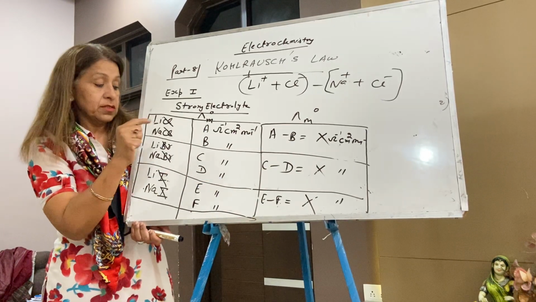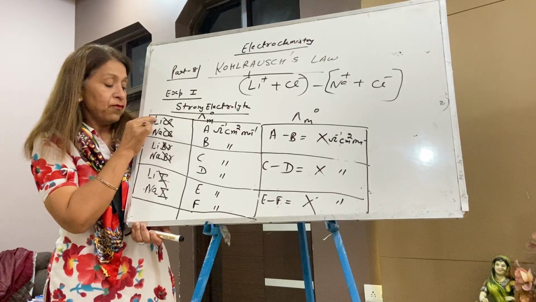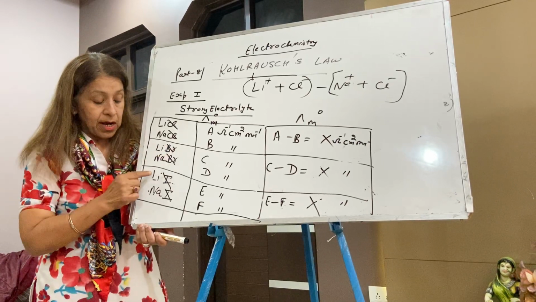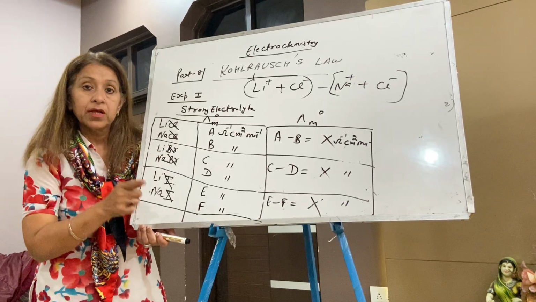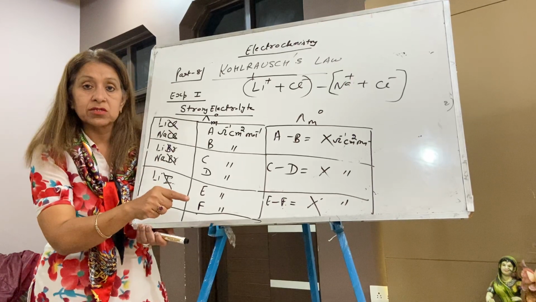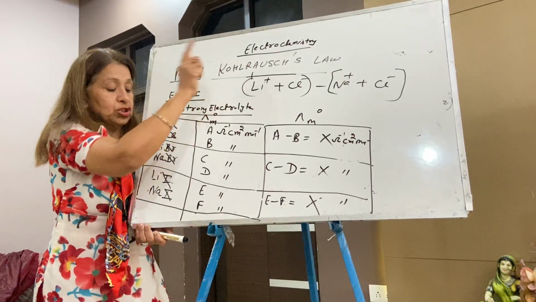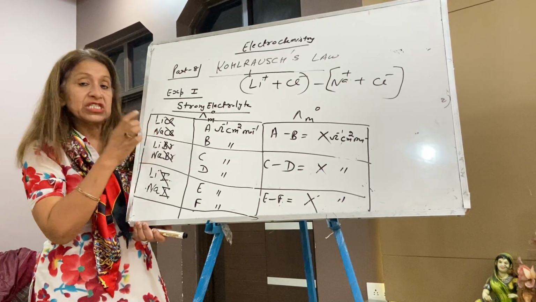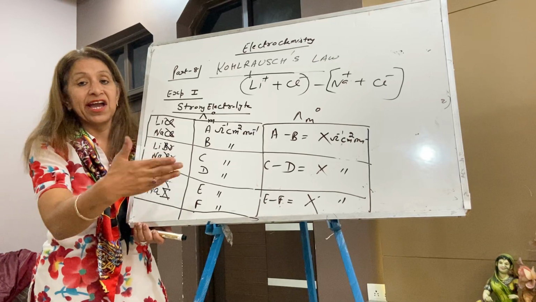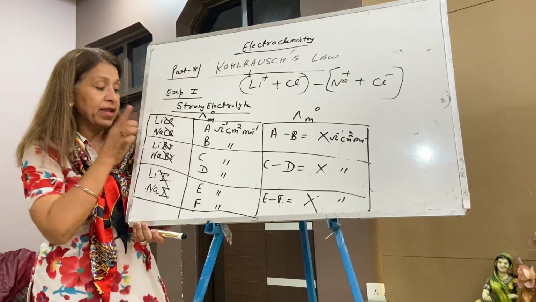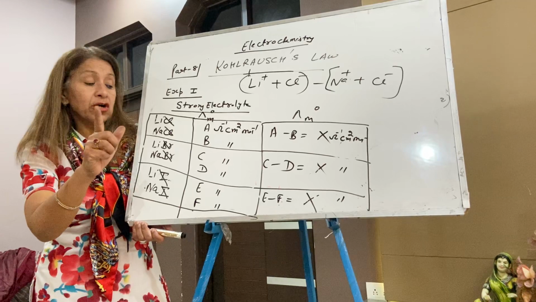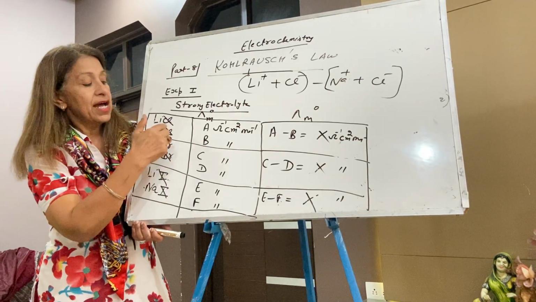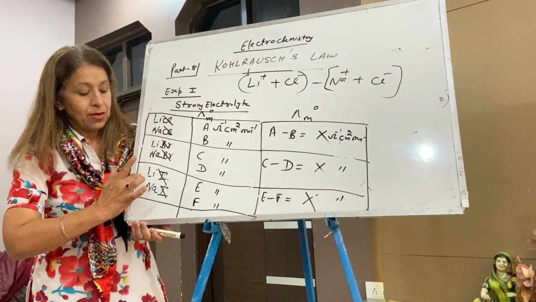Now the question arises: lithium and sodium are here with chlorine, here with bromine, and here with iodine. This experiment suggests to Kohlrausch that lithium and sodium ions will not check which anion is present with them, whether it is chlorine, bromine or iodine.